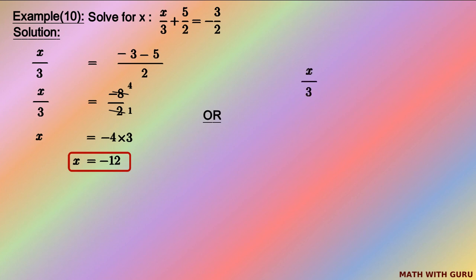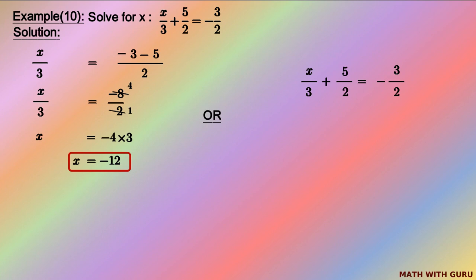X over 3 plus 5 over 2 equals minus 3 over 2. If we can get rid of the denominators, then solving this equation would be easier. To get rid of the denominators, what we do is we multiply the entire equation by the LCM of the denominators.